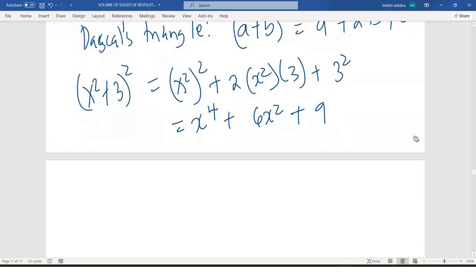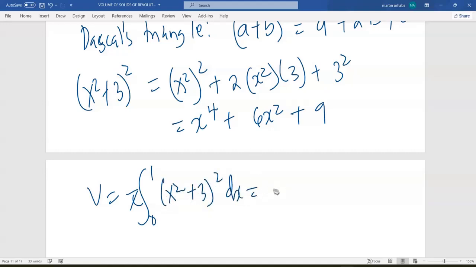And if I integrate that, volume will be pi times the integral from 0 to 1 of x squared plus 3 squared.